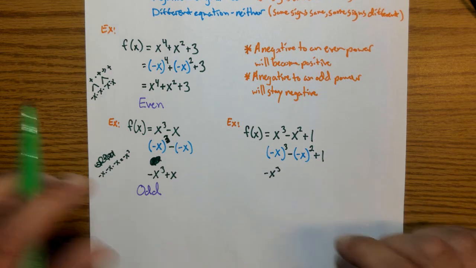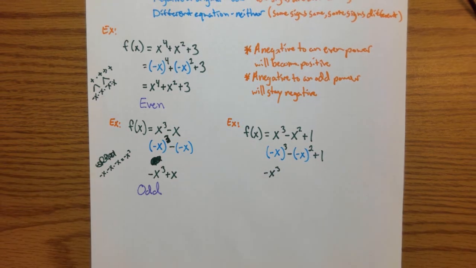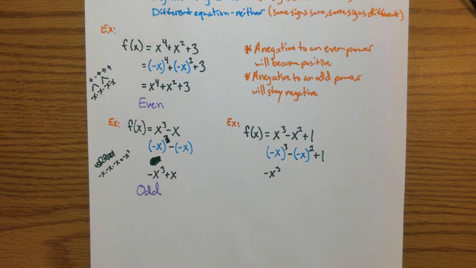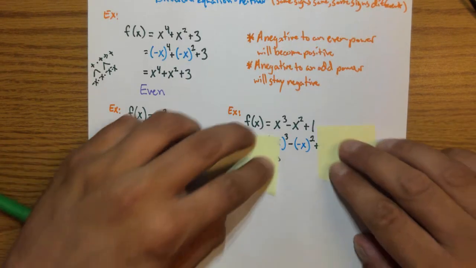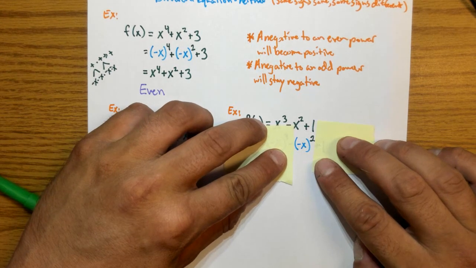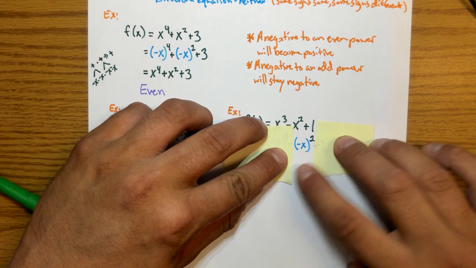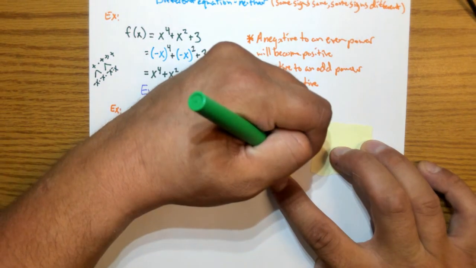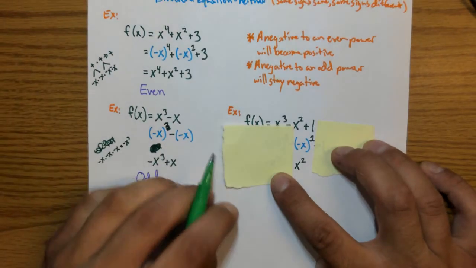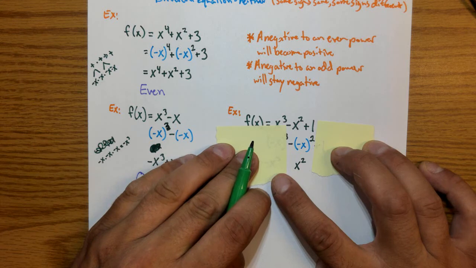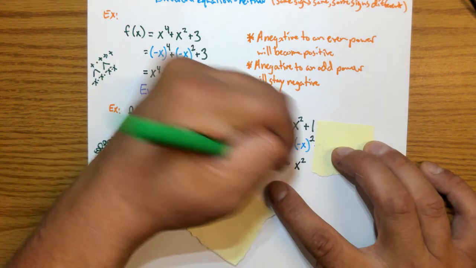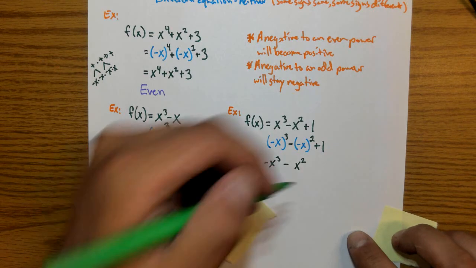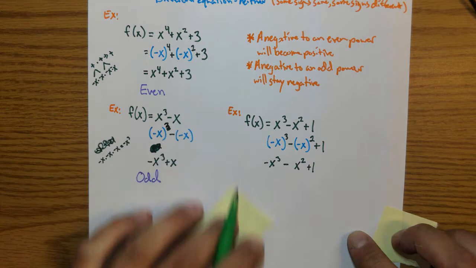So looking at this portion, this is going to be a positive x squared, but because we have this negative, it's going to be negative, if that makes sense. And then finally plus 1.